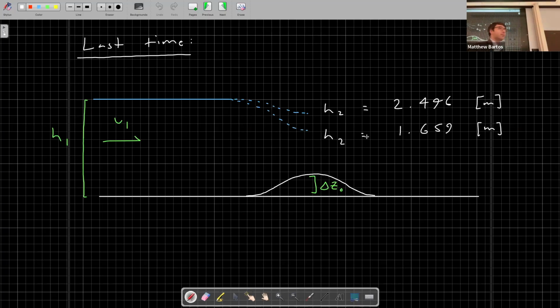What condition did these two answers correspond to? Supercritical and subcritical flow. So does this larger value correspond to the subcritical or supercritical solution? Subcritical, very good. So we had a subcritical solution, and we had a supercritical solution.